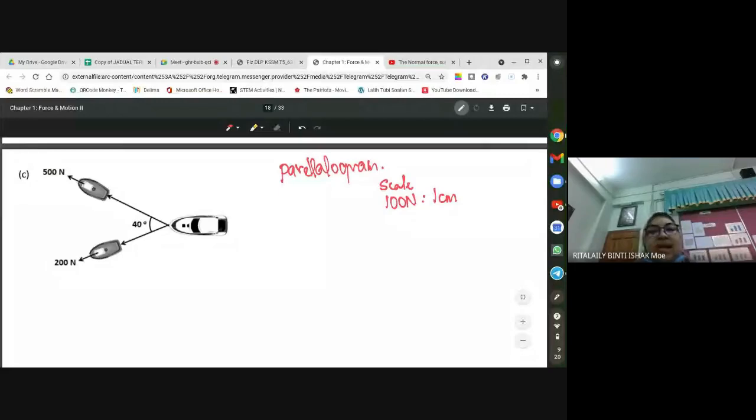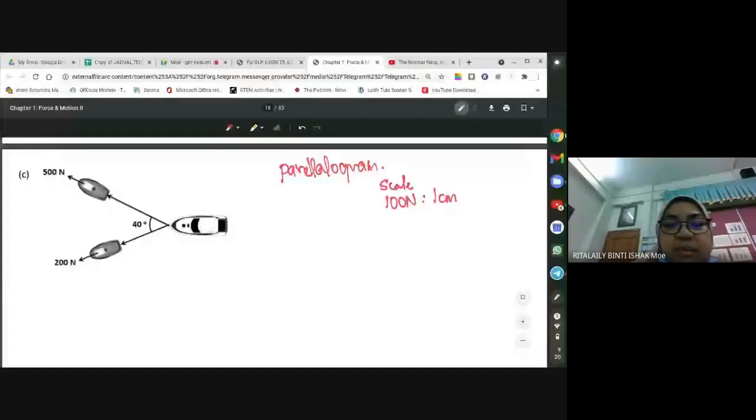So let's draw the force again. If 100 Newton is to 1 cm and the force is 200 Newton, this force should be 2 cm. So we draw a length of 2 cm and don't forget to draw the arrow that shows the direction.